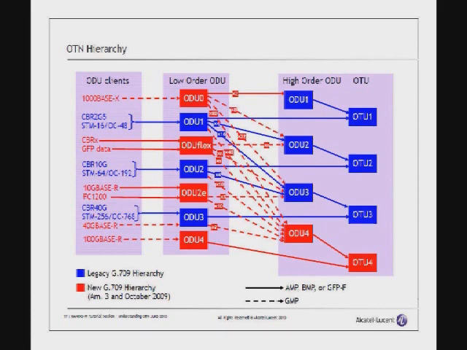So just simply, this is where we can clearly define a low order and a high order ODU, and the subsequent OTU that then is put out onto the wavelength. So you can have a ODU1 as either a high order or a low order. And really the difference is does that have any underlying low order?